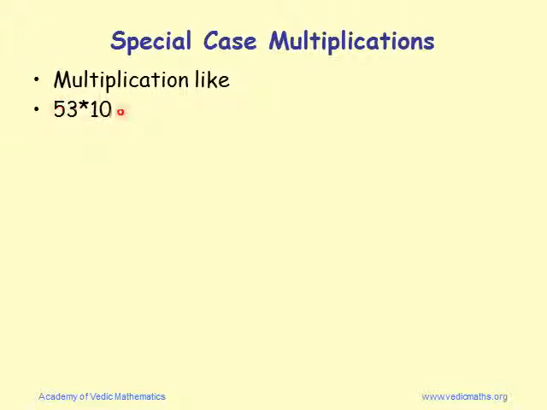There are some special multiplications in conventional math also, like 37 times 100, 53 times 10, and 79 times 1.